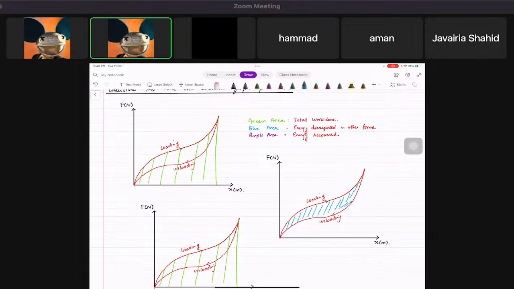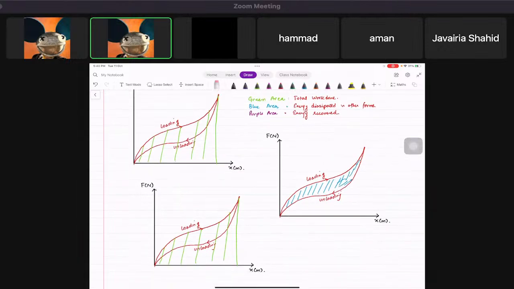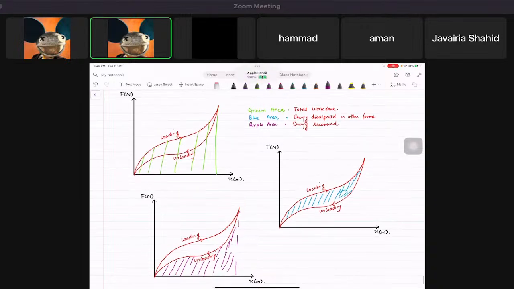You get my point? And the purple area is basically this one. Now you understand? Yes, sir. Okay.